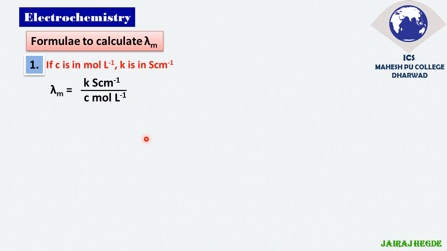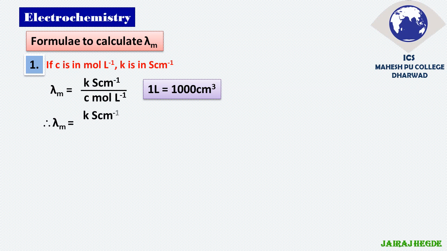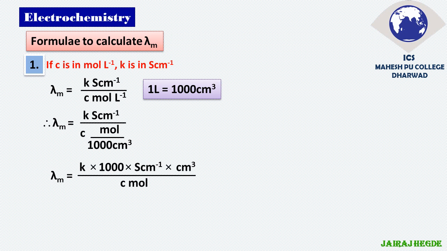I should convert this liter in terms of centimeter cube. 1 liter is equal to 1000 centimeter cube. So lambda m will be equal to kappa in Siemens per centimeter and concentration into mole divided by 1000 cm cube. Now the formula will become kappa into 1000 divided by C.